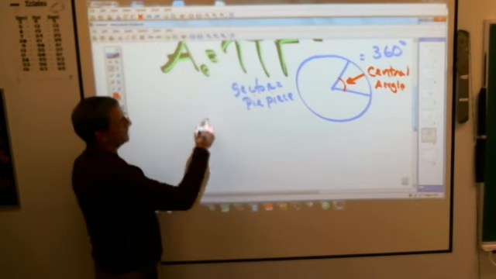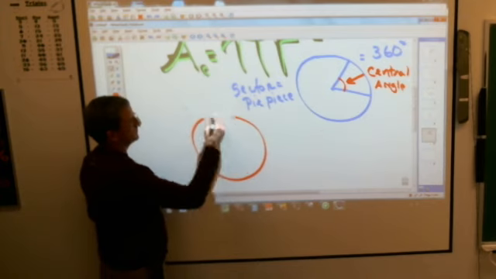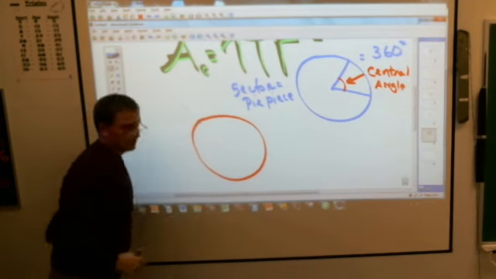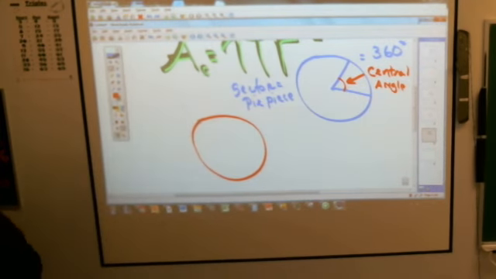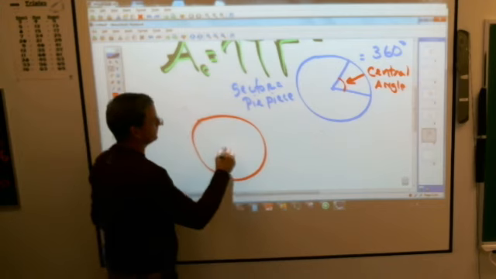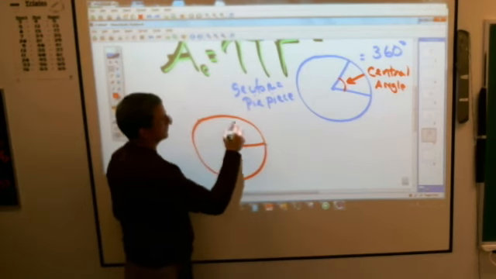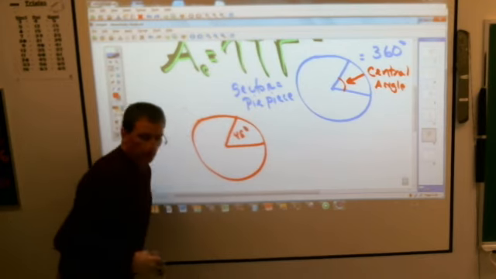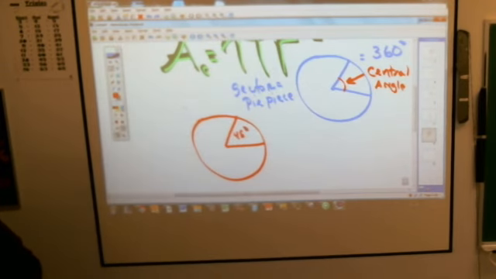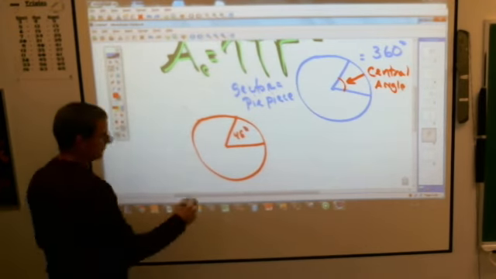Okay, so here I've got my circle. I've got a 45-degree angle. I know my radius is 4 centimeters.